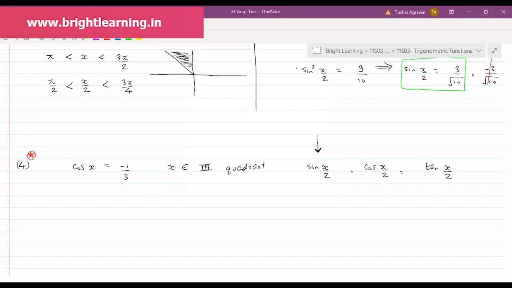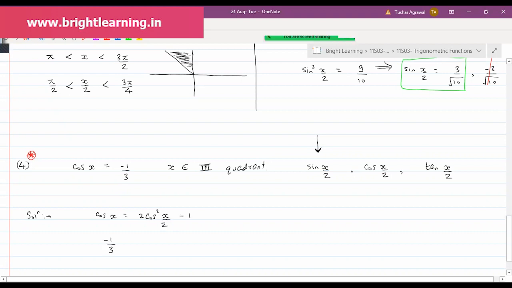Okay, let me explain. This question is almost the same as previous questions that we have solved, just a slight difference. Cos x is equal to minus 1 by 3. Now sin x by 2, cos x by 2, the same identity. Cos x is equal to 2 cos square x by 2 minus 1.